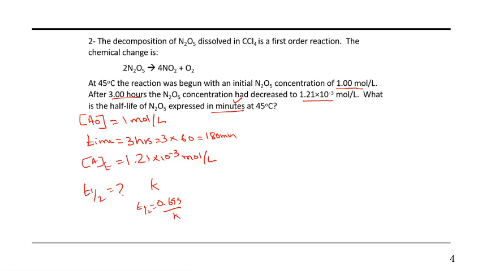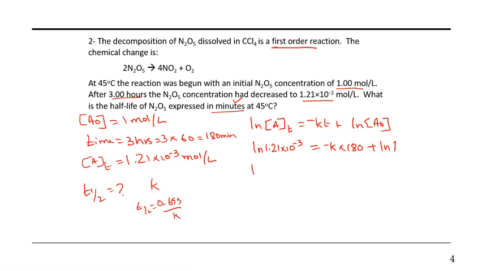So we have to find k first, and since it is given as a first-order reaction, we have to use log concentration A at time t equals negative kt plus log concentration A0. Then we can substitute the values given. Log 1.21 times 10 to the power negative 3 equals negative k times 180, since time should be in minutes, plus log of the initial concentration, which is log 1, correct? Yes.